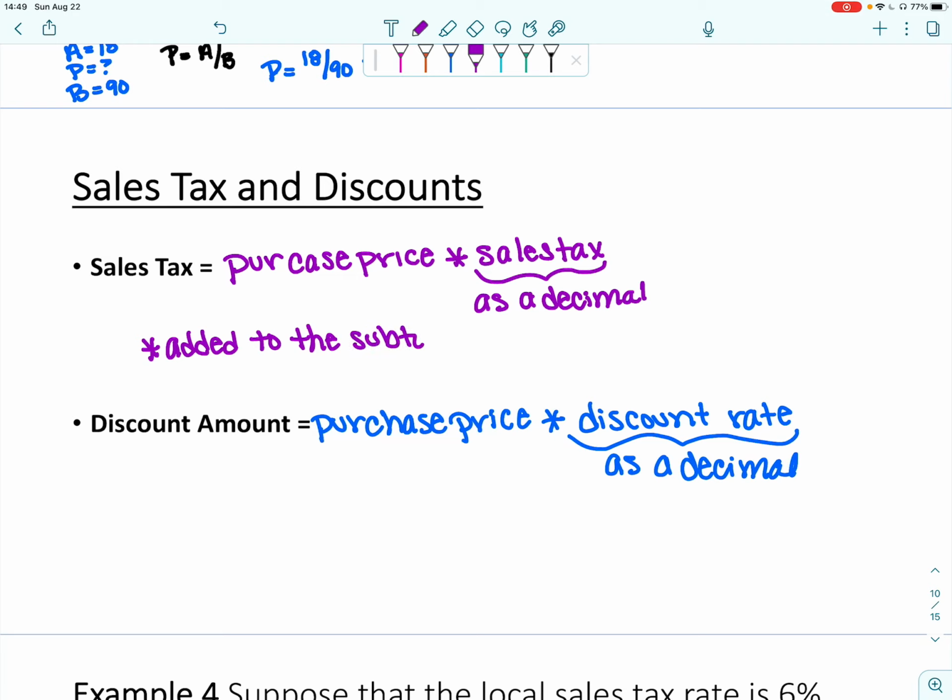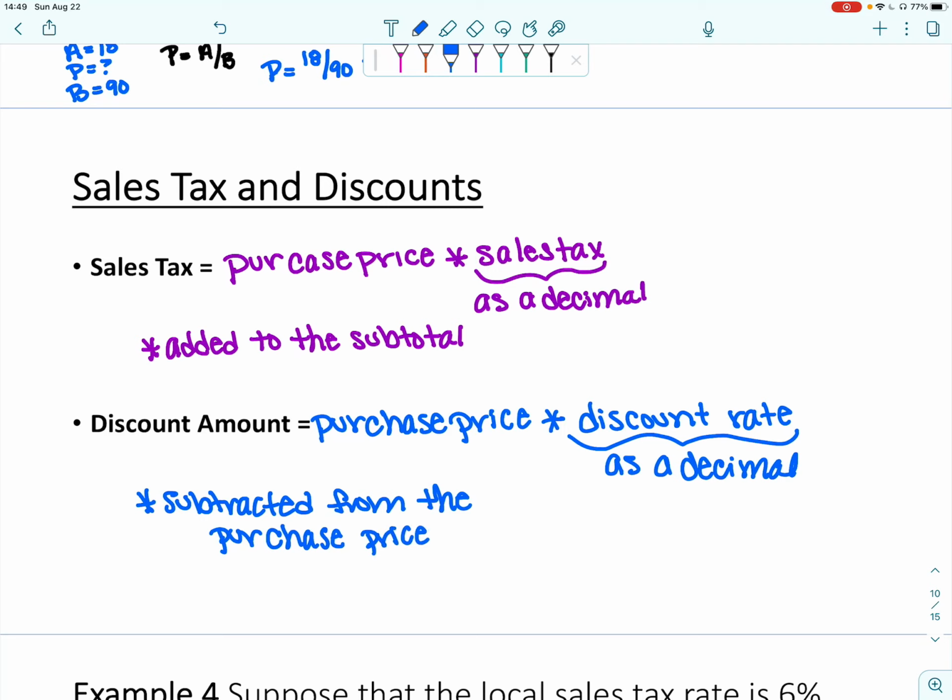So the subtotal is the total before tax, whereas a discount is subtracted from the purchase price. And I believe I have examples of both of these.